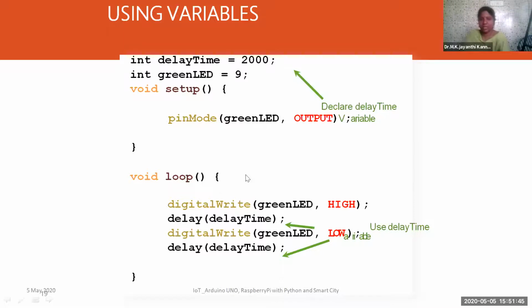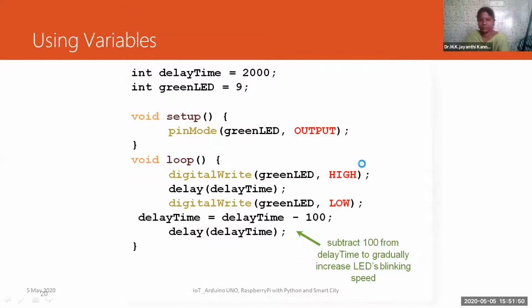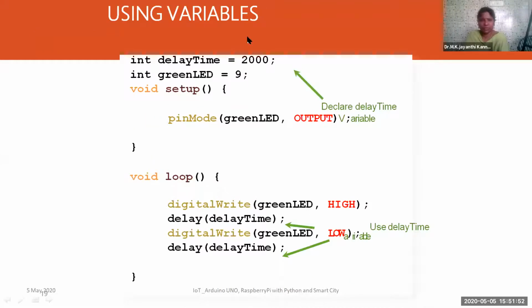So in this way, instead of using the port numbers directly, we are assigning the delay time as 200 milliseconds and greenLED as pin number 9. So wherever we use the variable greenLED, it refers to pin number 9, or port number 9.